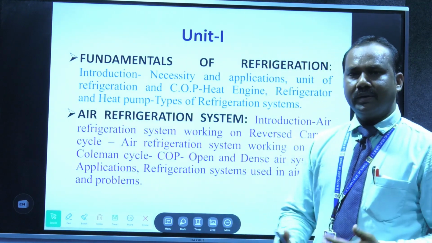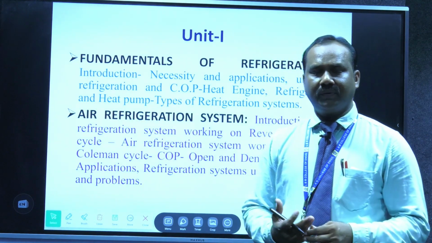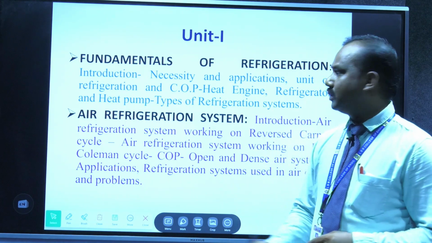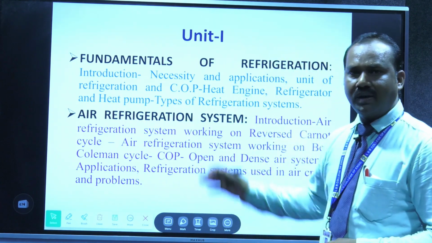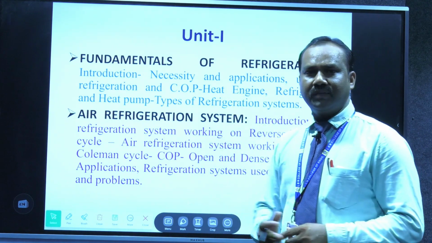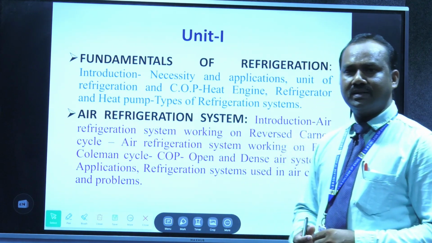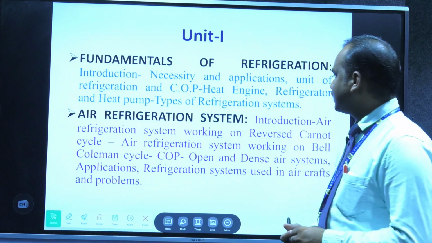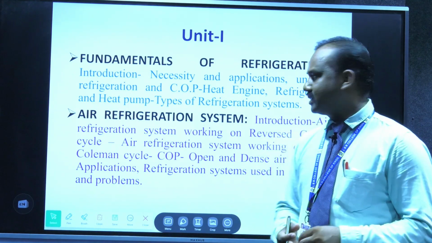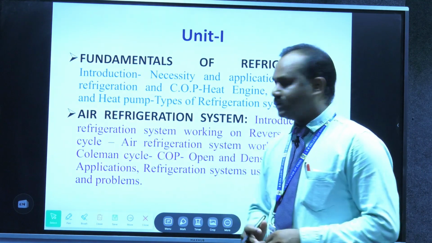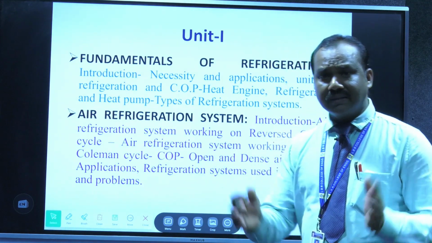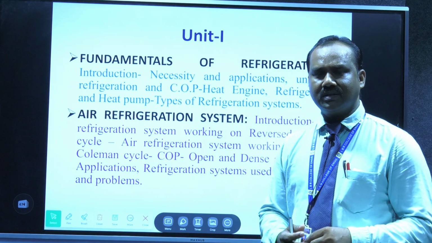So today I will introduce the first unit of refrigeration and air conditioning. These are the main topics under unit 1. Fundamentals: what is refrigeration, necessity of refrigeration, COP, ton of refrigeration, and types of refrigeration systems. Then we have air refrigeration systems. What is an air refrigeration system? What are the cycles used in air refrigeration systems? There are two cycles.